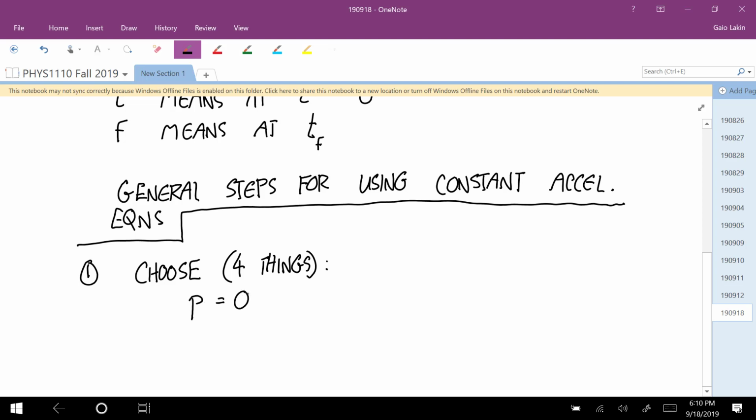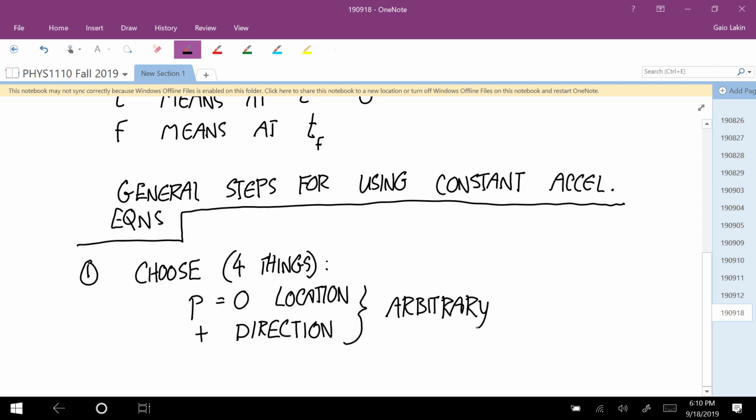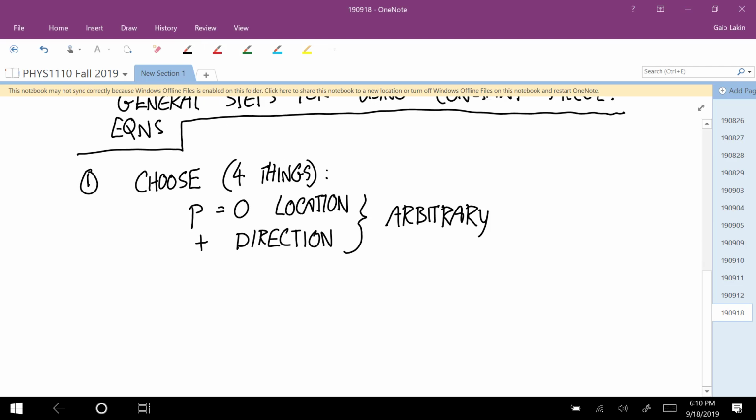A position equals 0 location. A positive direction. And by the way, these are both arbitrary. This doesn't have any bearing on whether or not you can do the problem. There are some choices you can make that make the math a little simpler or whatever, but those are up to you.